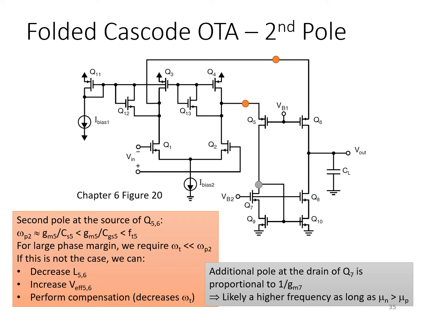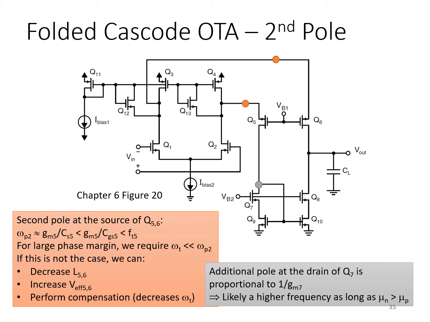So in reality, we can't increase omega T indefinitely, because at some point as it approaches the equivalent second pole of this amplifier, the closed loop amplifier's phase margin will degrade and we'll start seeing some undesirable dynamic behavior. So remember that ultimately we will be limited in increasing omega T by the location of the second pole frequency and the required phase margin.